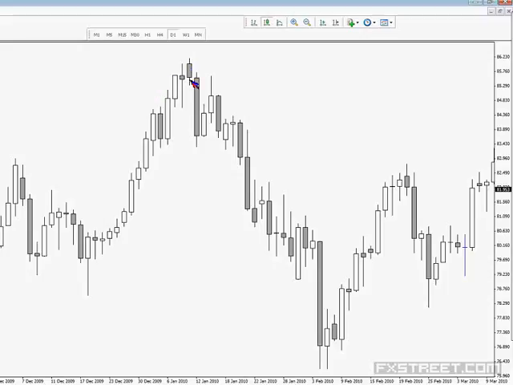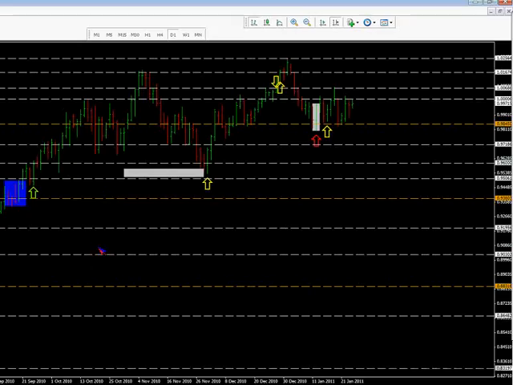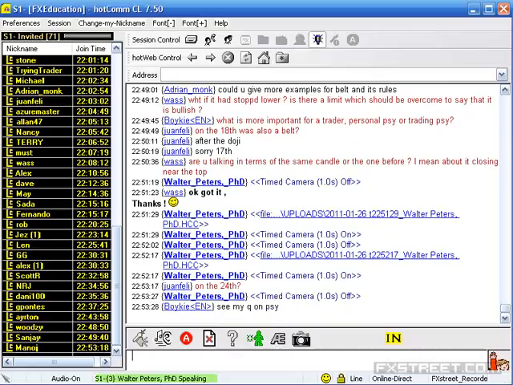But I thought there was a really nice looking one. I thought it was on the Aussie dollar, but maybe it wasn't. The Aussie yen is actually a bit of a mess now. It's really sort of in a tight range, so it's not a really nice chart to look at. Oh, it is too. It's in June. Okay, there it is. Yeah, it is the Aussie dollar, and it's on June.